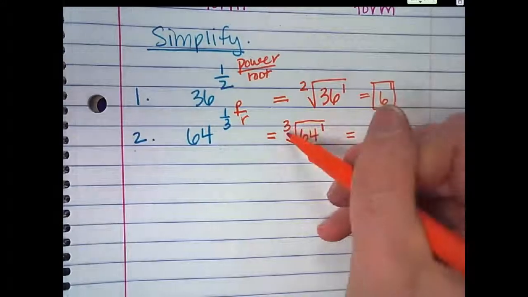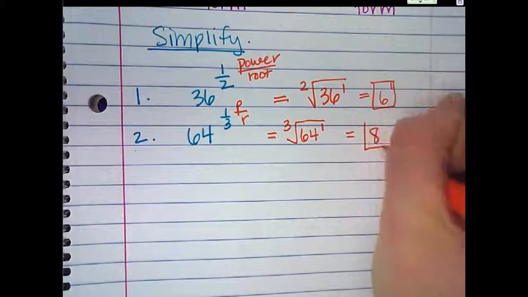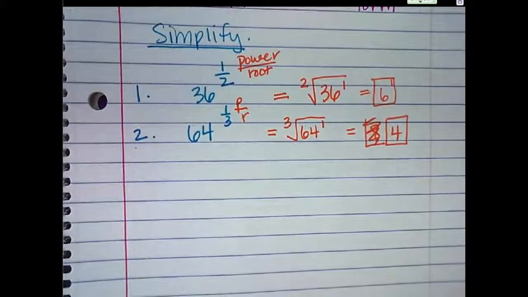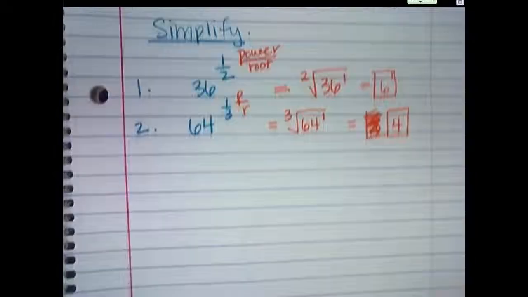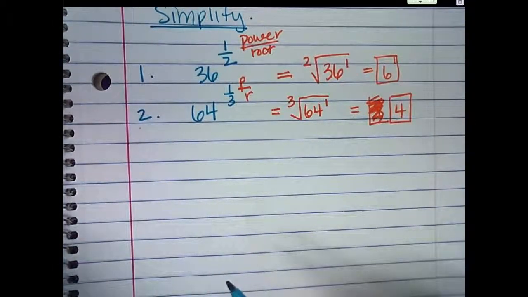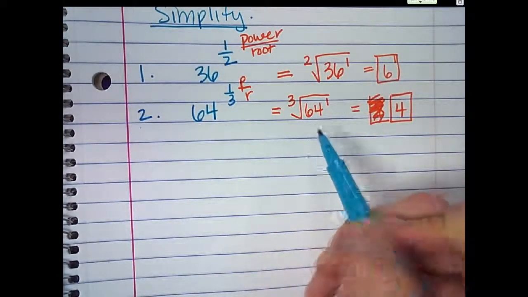Yeah, square root of 64 is 8, cube root is 4. So you'll be able to still see the cube root of 64 is 4, because you won't have a calculator.